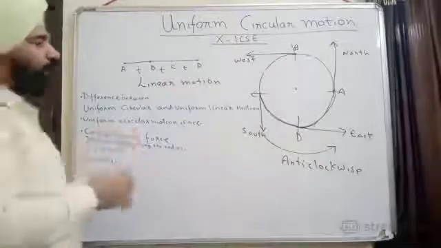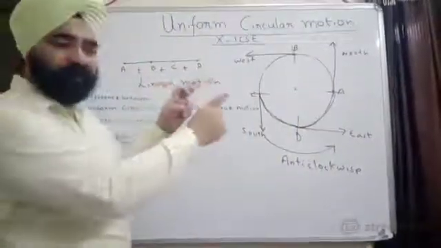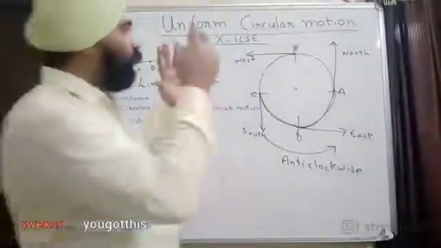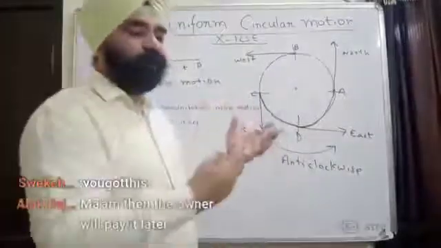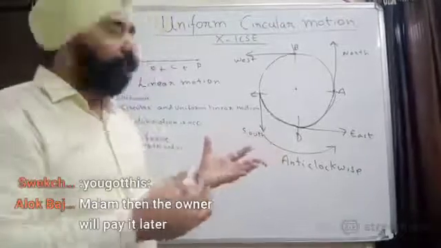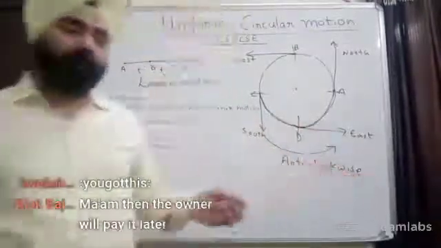On the other hand, here also the speed remains the same, but the acceleration is 0. Whereas when I go to uniform circular motion, the speed remains the same, which means it covers distance in the same time interval, but it is accelerated. How is it possible?